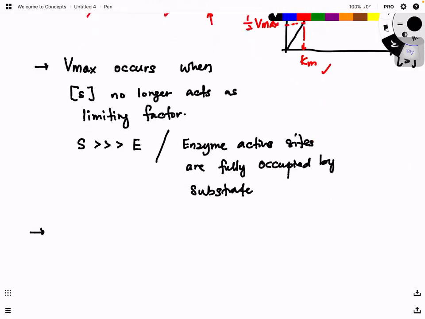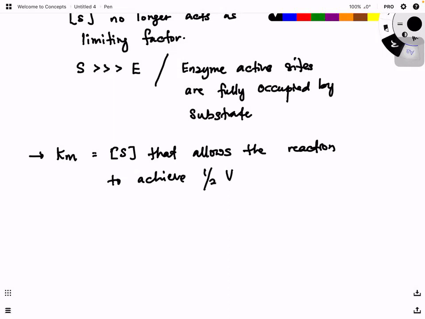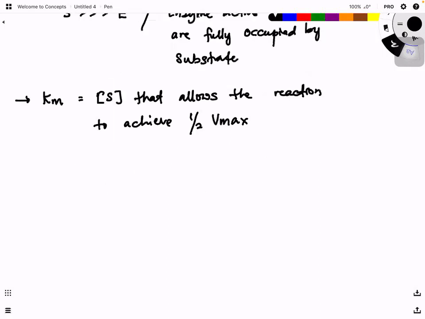And in this case, we know the Km. So what is the Km? Km is equal to the substrate concentration that allows the reaction to achieve half Vmax. I already explained why they get half Vmax in the lesson just now. It is also an indicator.